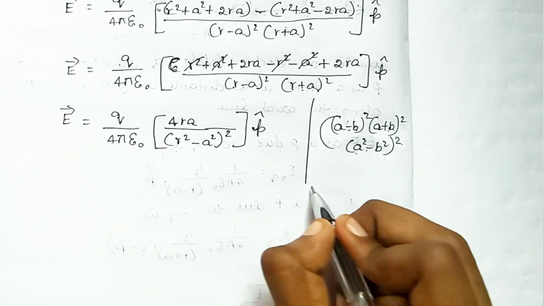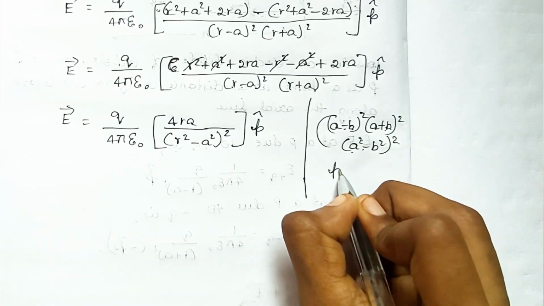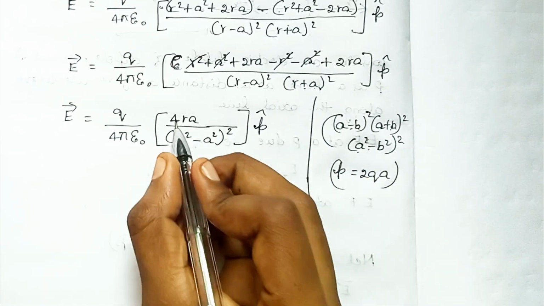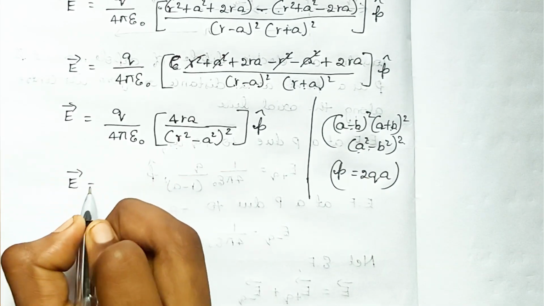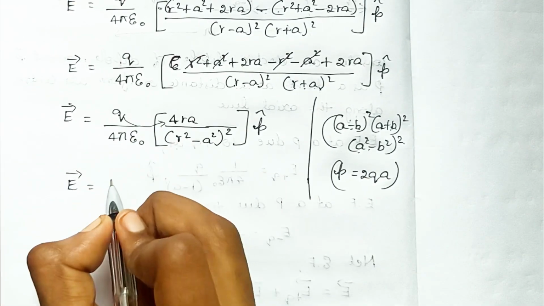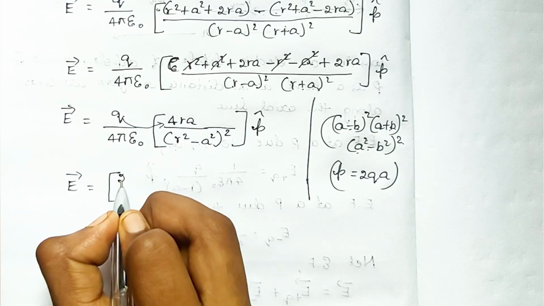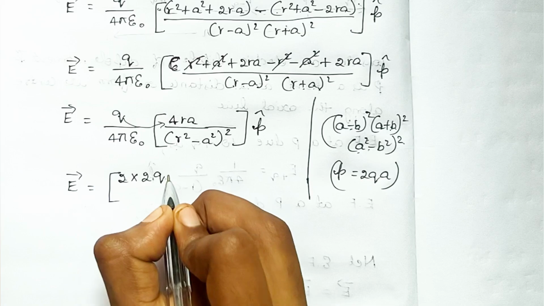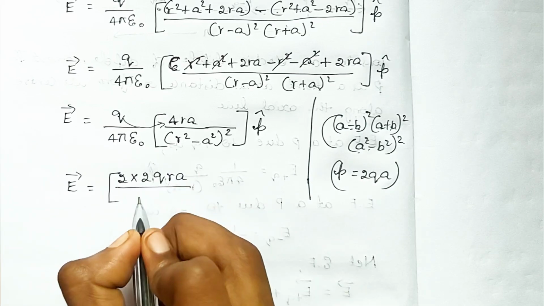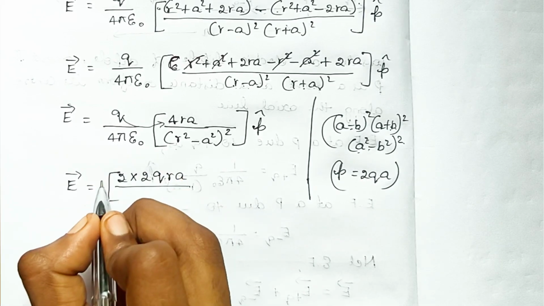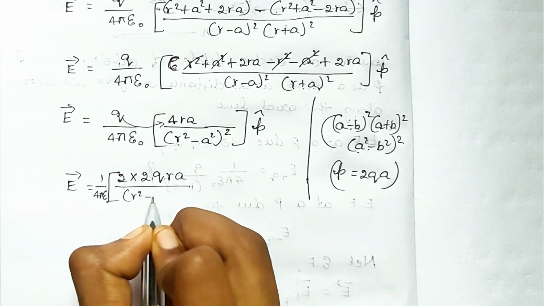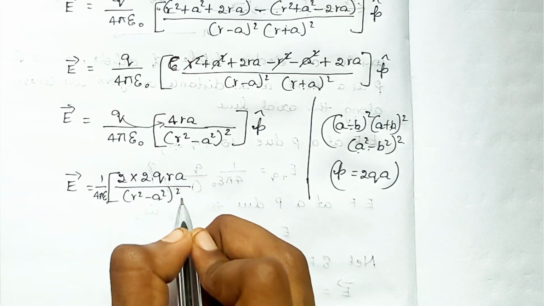Now we also know that dipole moment p is equal to 2qa. So I will split this term and write E vector is equal to, I will multiply q inside, 2 into 2, 2 into 2 is 4. So 2qra divided by 1 by 4 pi epsilon naught (r square minus a square) whole square.